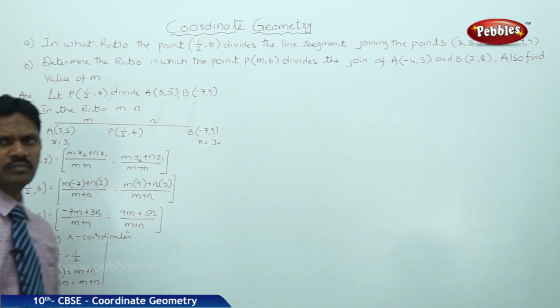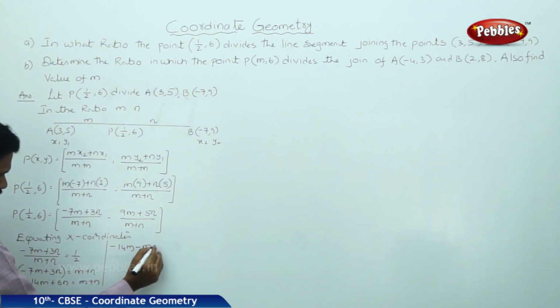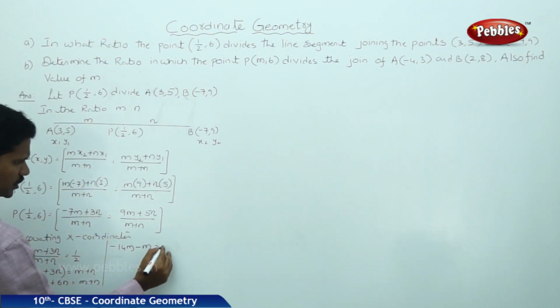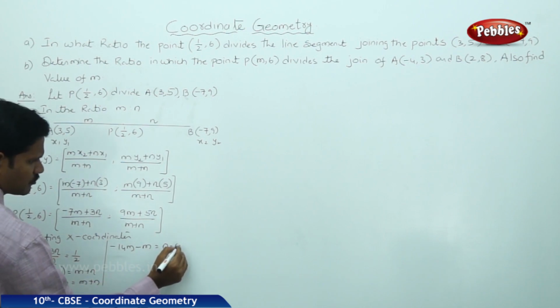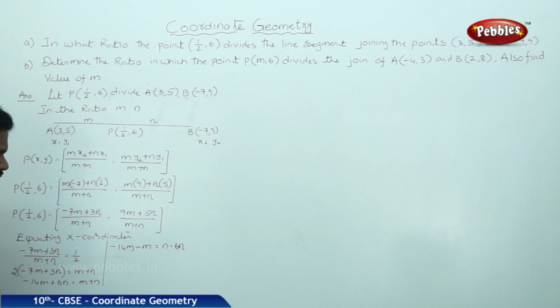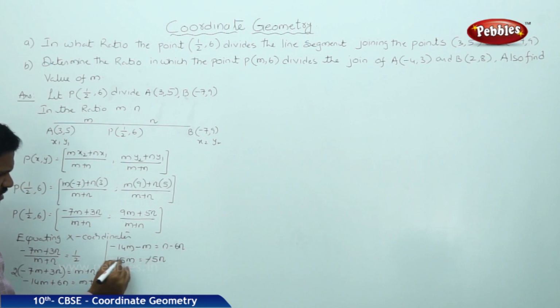In the next step, grouping: -14m plus m, bring this side, -m, is equal to n minus 6n, plus 6n moves the other side as minus 6n. That is -15m is equal to -5n. Minus minus get cancelled.